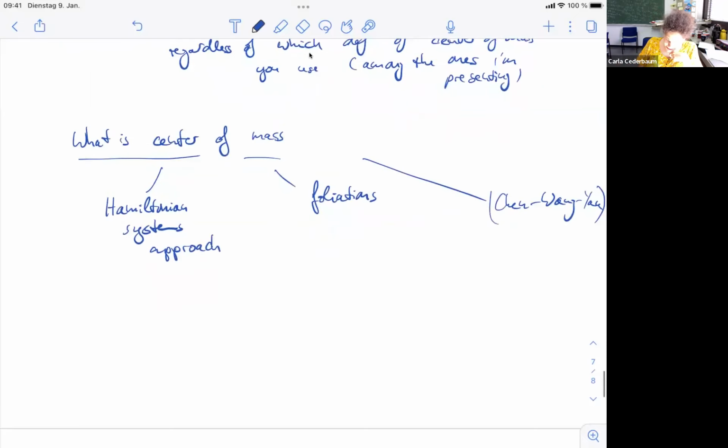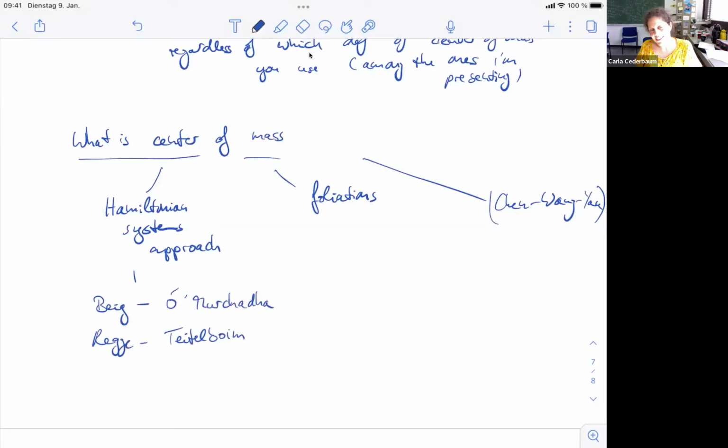So let me say very briefly something about the Hamiltonian systems approach. This was done by Beig and Ó Murchadha, building on work by Regge and Teitelbaum. I deviated from my notes too much to find the years, sorry.